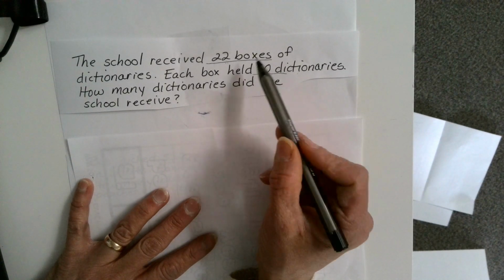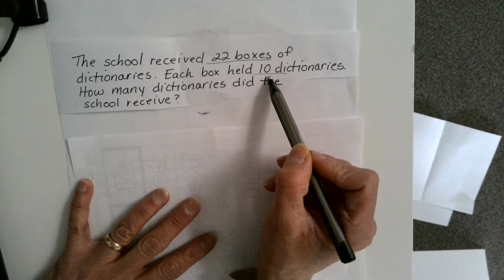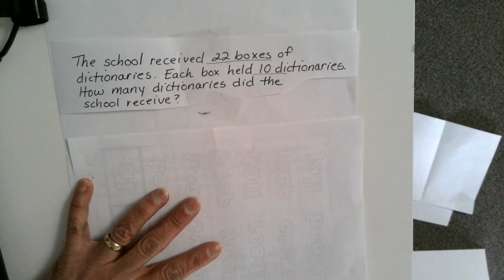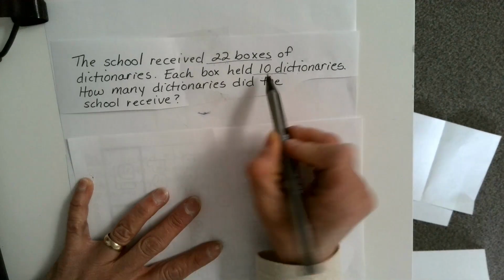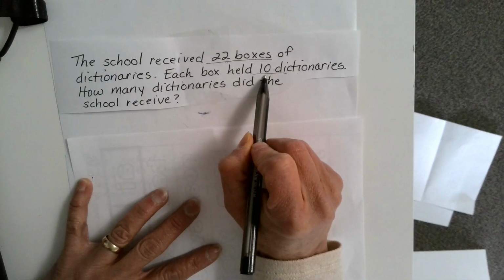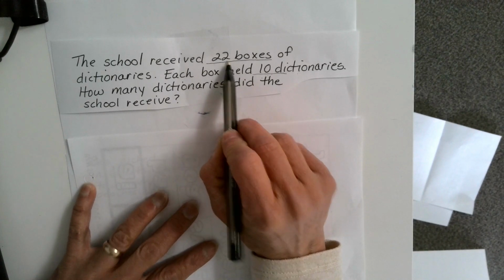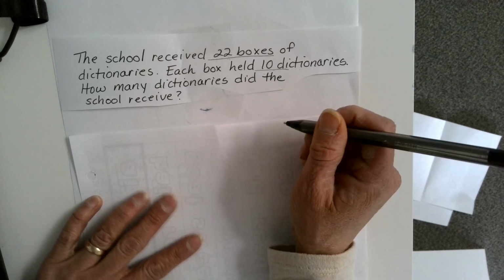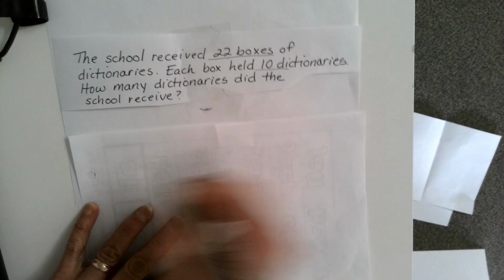So thinking about what that would look like, I know in place value, because that's what we've been working on, a 10 stick would represent the 10 dictionaries. Well, if there's 10 dictionaries in each box and there's 22 boxes, I think I could draw 22 10 sticks to help me.